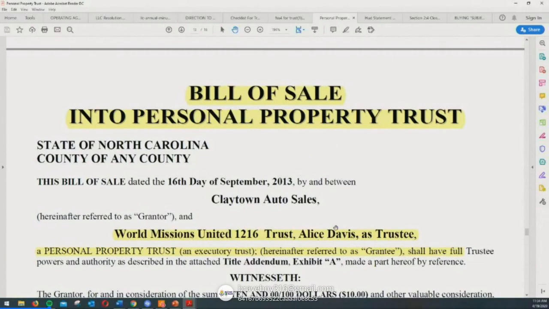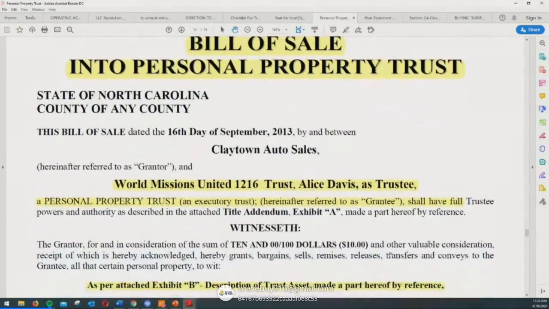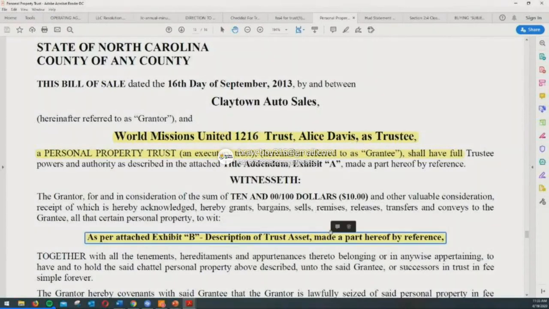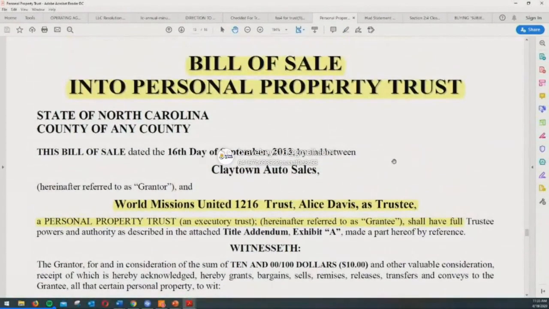This is where you bought the property from the dealer and you deeded it to your trust, right off the bat. So Claytown Auto Sales was the car dealership, and you deeded the car into the World Missions United 1216 Trust with Alice Davis as your trustee. Everybody follow that? That's real simple. That's your bill of sale.